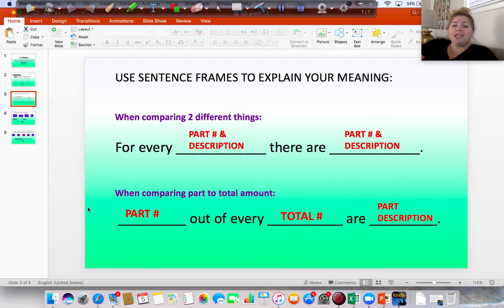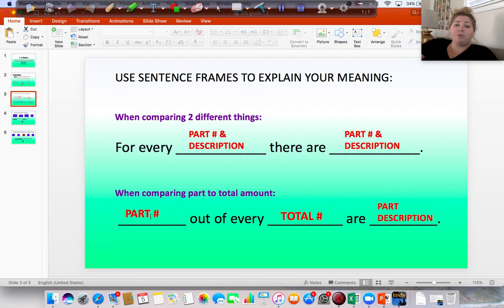Okay, so use sentence frames to explain your meaning. Make sure to write all of this down. These are very important. We're going to talk about sentence frames a lot. The lesson is going to give you questions, and it's going to ask you to find the ratio and write the ratio as a fraction. But it's also going to ask you to explain your meaning.